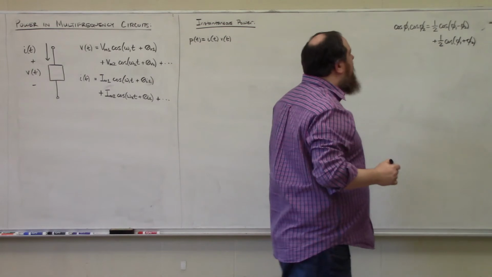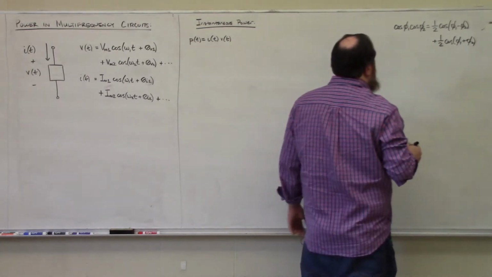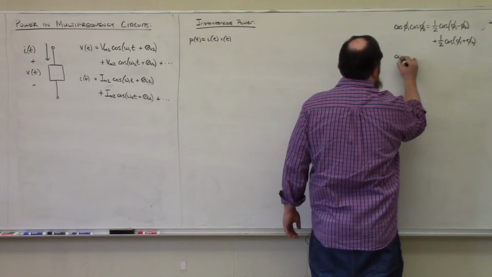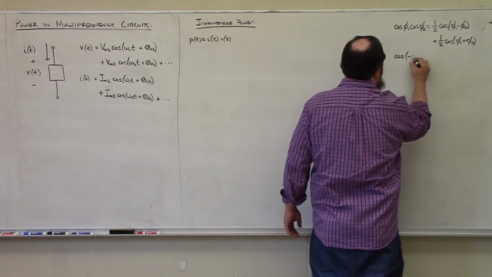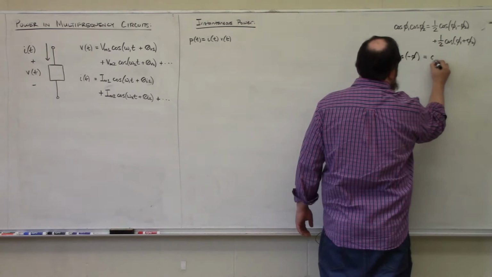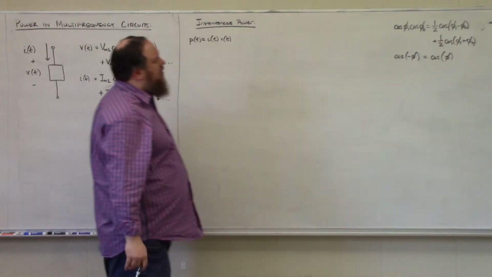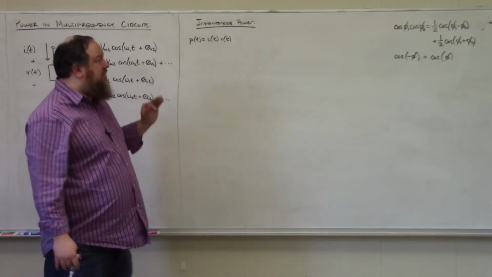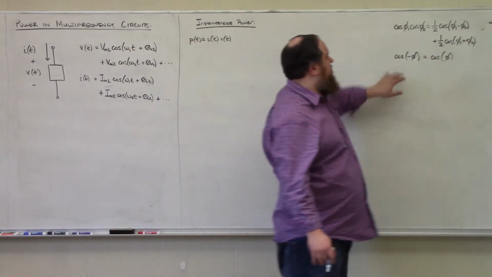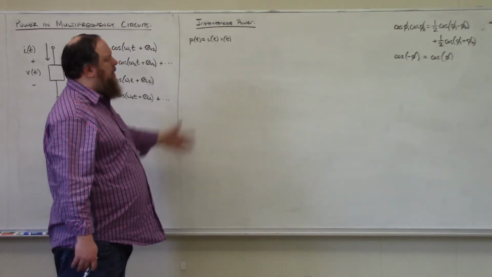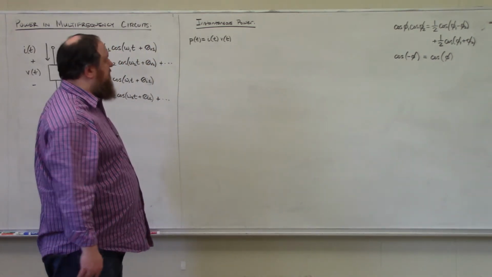And we will very likely wind up using this trig identity: cosine of negative an angle is equal to cosine of positive the angle. I know if we were actually using numbers, we would for sure wind up using this guy, but we may not actually have to use it in this symbolic derivation.